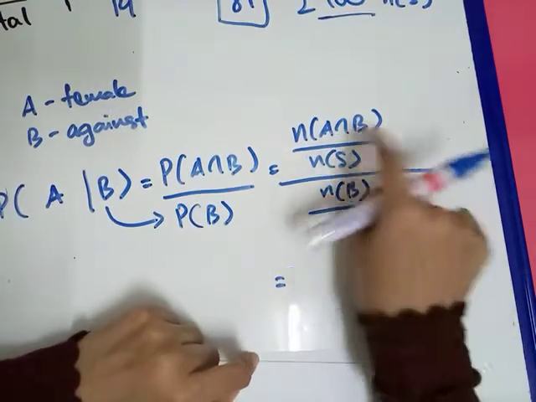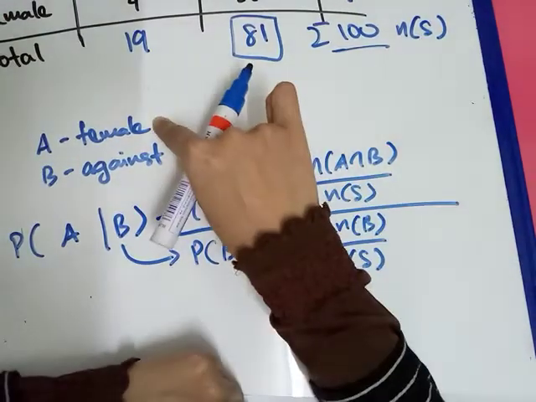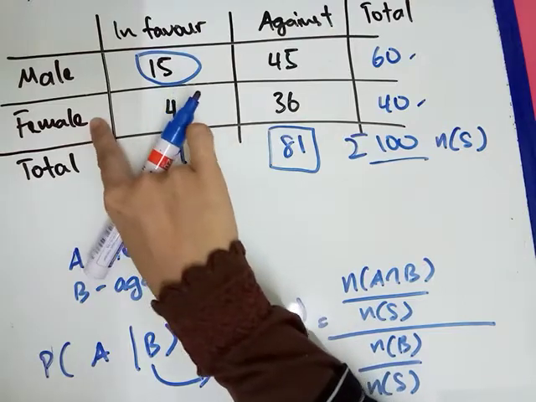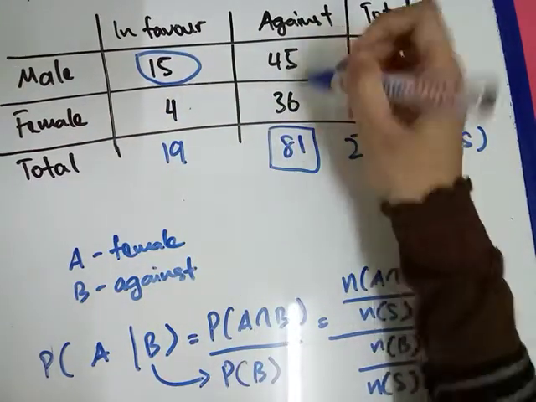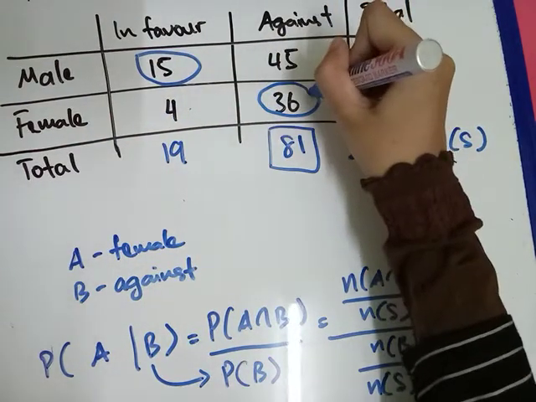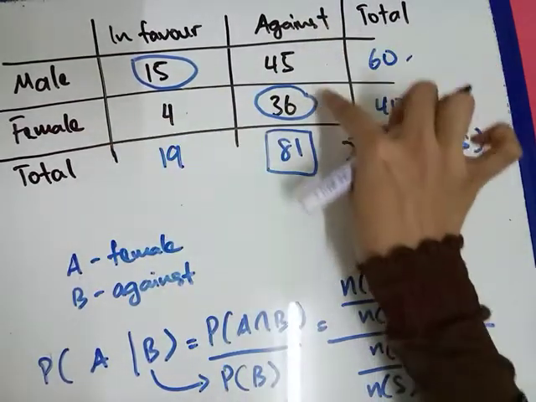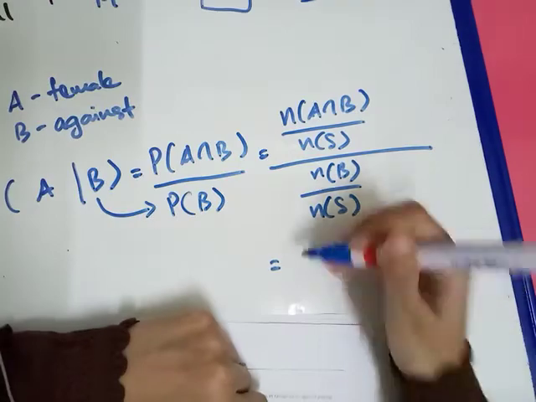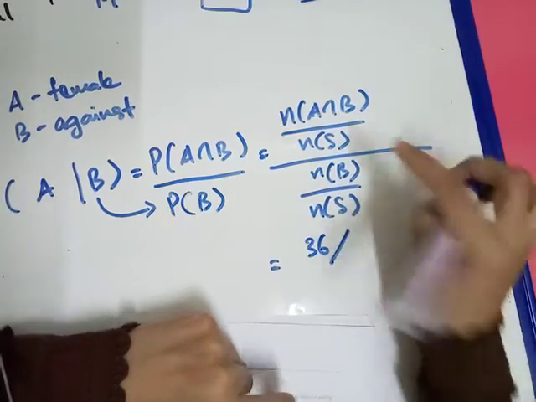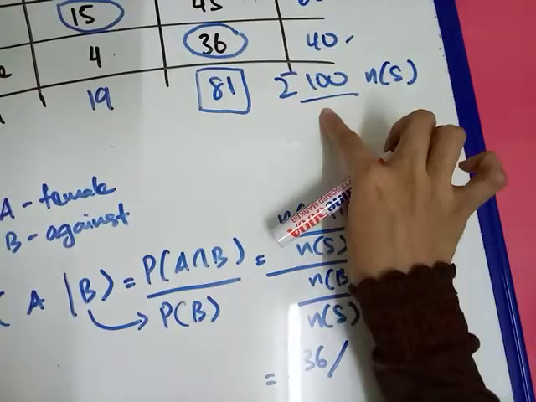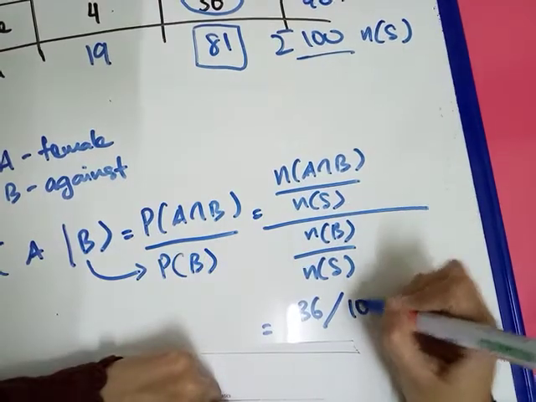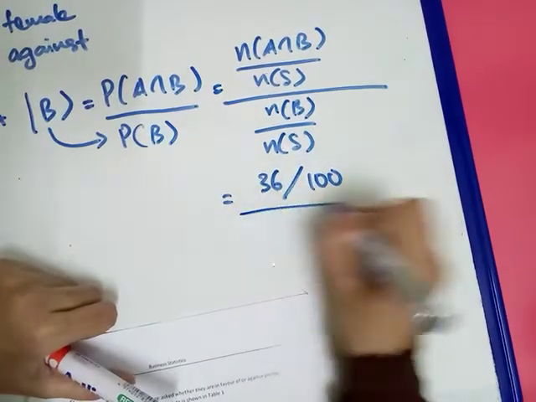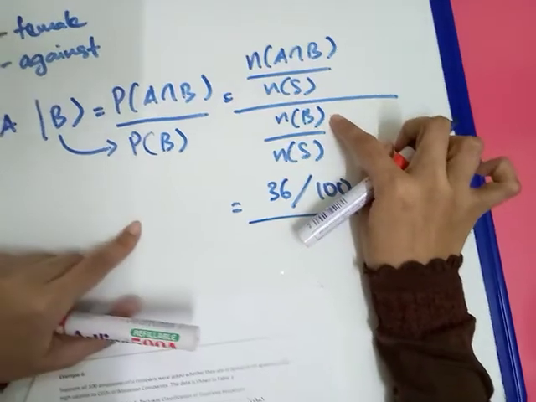So A intersect B. Okay, we know that female intersect against, which is 36. 36 over dengan NS dia, NS which is 100. Okay, 100 divide dengan NB, the number of element in set B.